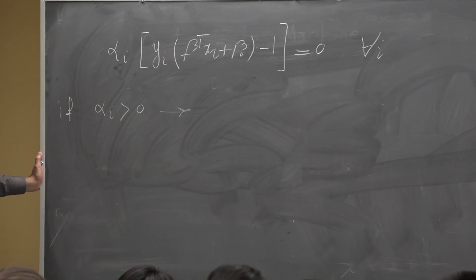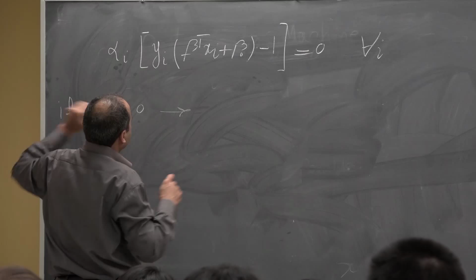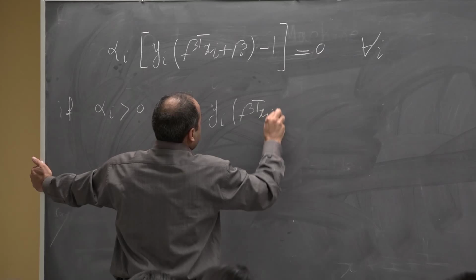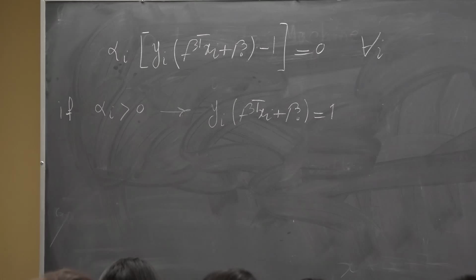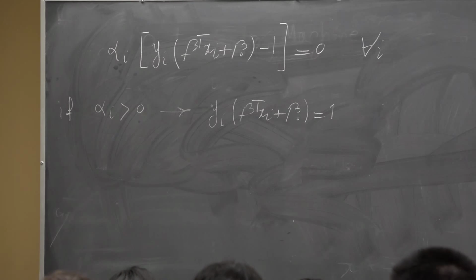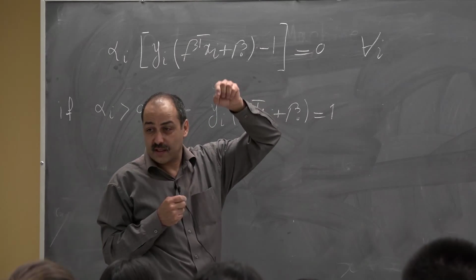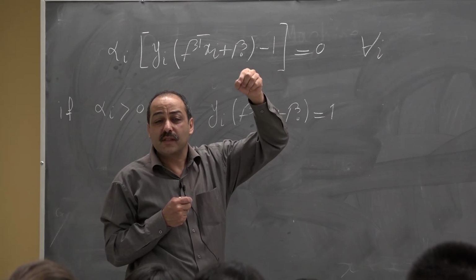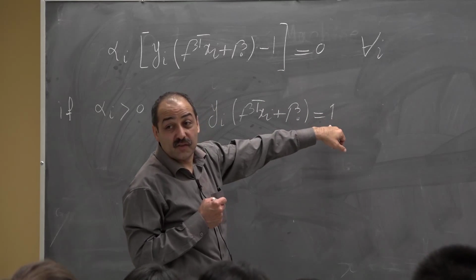Then g_i must be 0, so y_i times beta transpose x_i plus beta null is equal to 1. That is the distance of point x_i from the hyperplane. The minimum distance is 1.